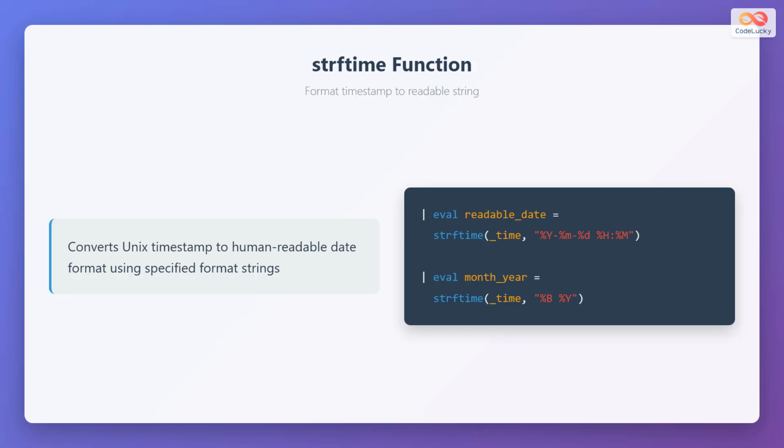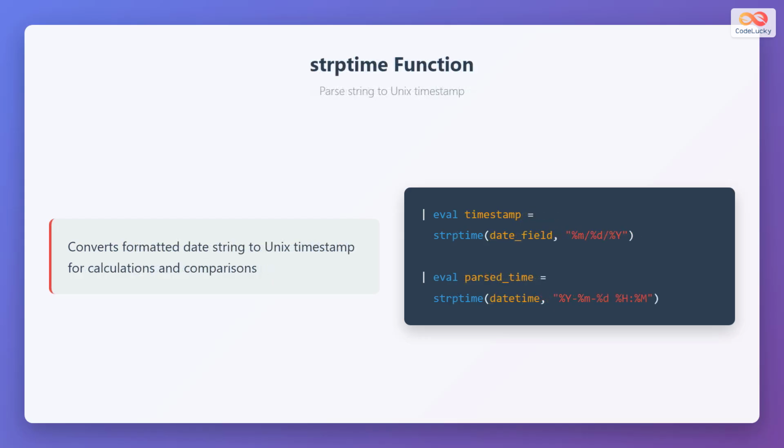For instance, eval readable_date = strftime(_time, "%y-%m-%d %h:%m") creates a readable timestamp showing year, month, day, hour, and minute. Another example, eval month_year = strftime(_time, "%b %y"), produces output like March 2025. This function is essential for creating user-friendly date displays in reports and visualizations.